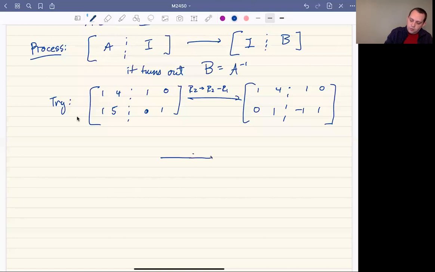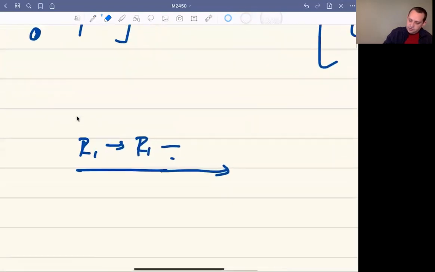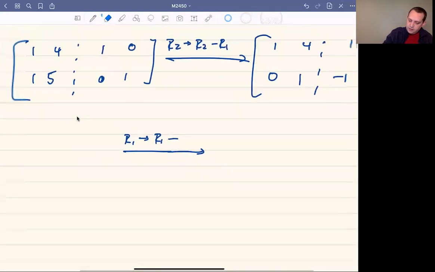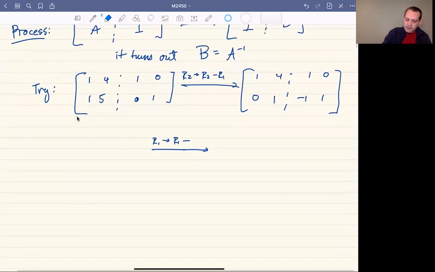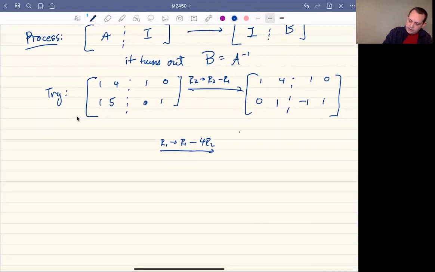So our new row 1 is going to be row 1 minus 4 row 2. And what we're going to get then is the bottom row will stay the same.